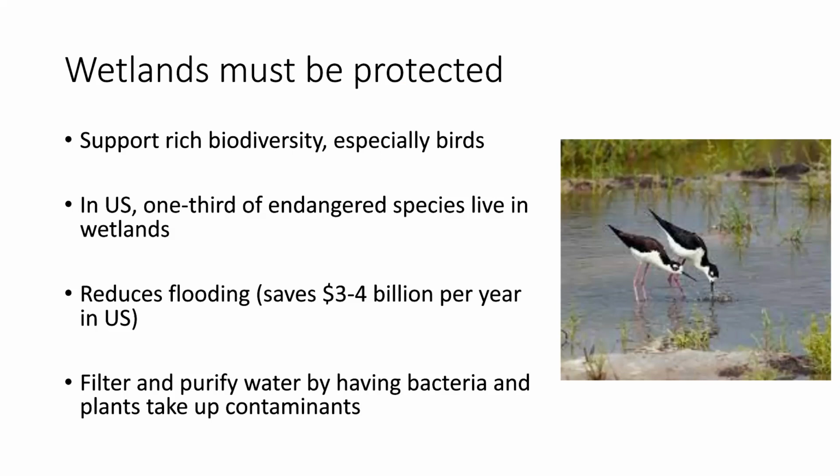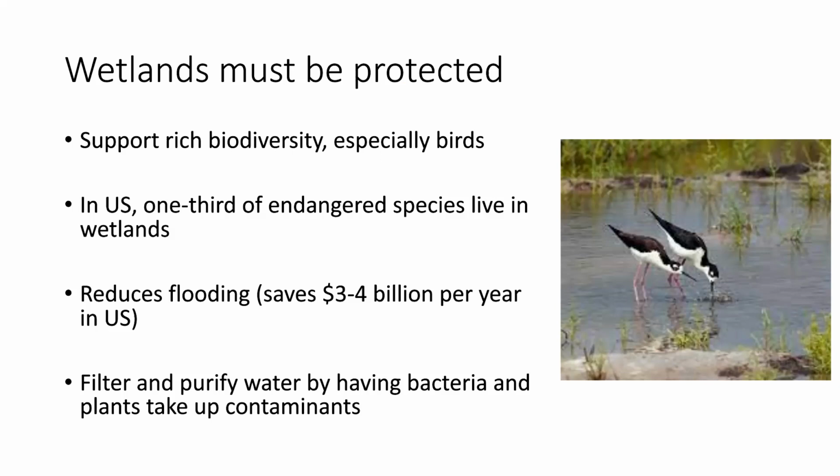But in addition to protecting those organisms, wetlands also serve a tremendous importance towards humans, because what they do is they allow for reductions in flooding, because they're going to essentially just absorb some of the water from the environment.